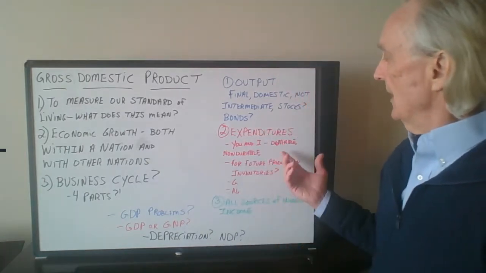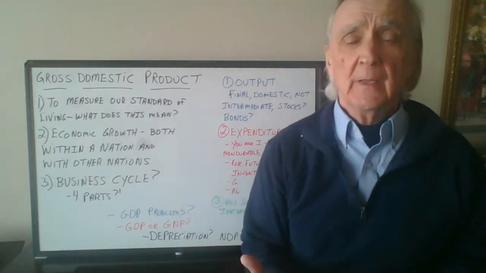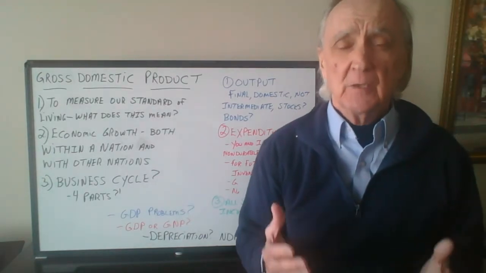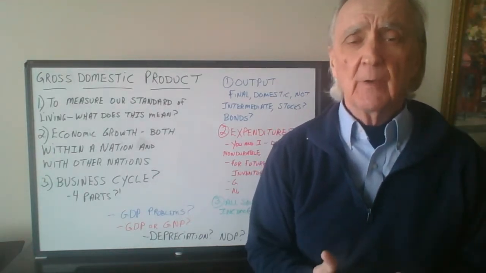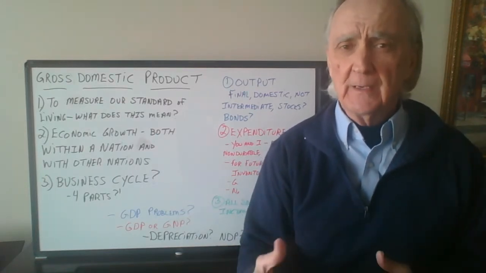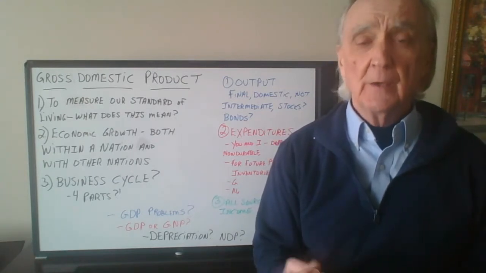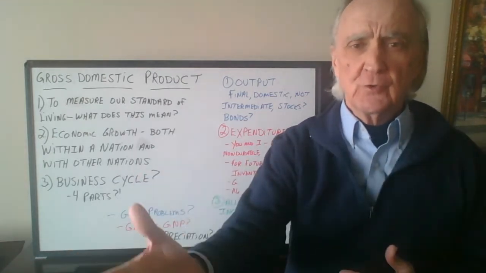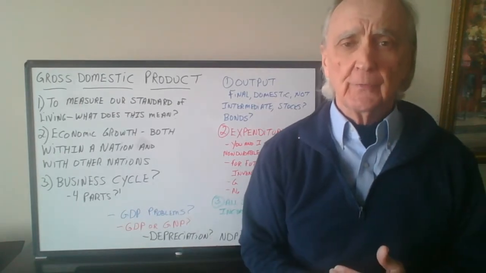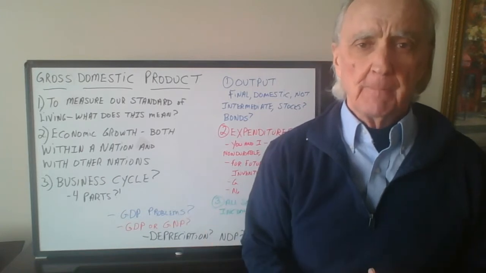Then what else do we have? Well, we've got investment spending, right? Typically, we think of firms with investment spending. Investment spending is spending that is done for future production purposes, all right? Something that's going to generate future production.